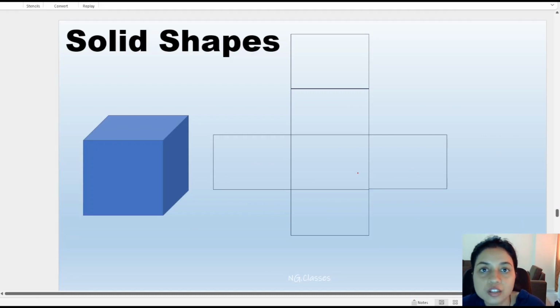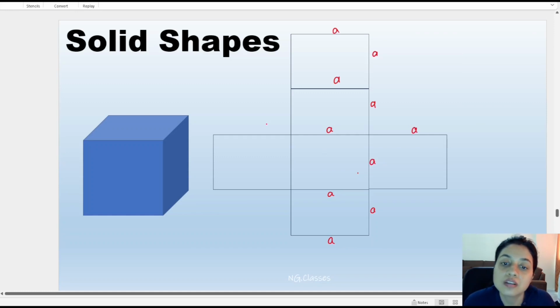Now just like the cuboid, we will be able to find the surface area of the cube as well. As we know, each and every side of the cube is of the same length. So we can take this one as a, this one as a, all sides as a only.